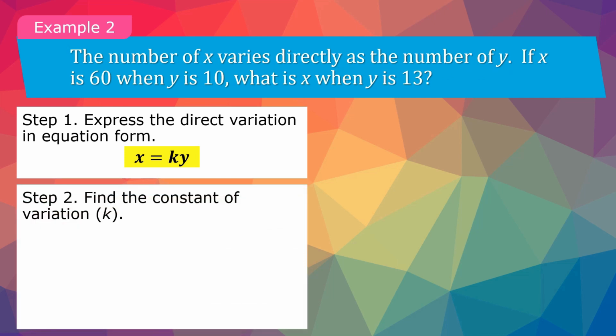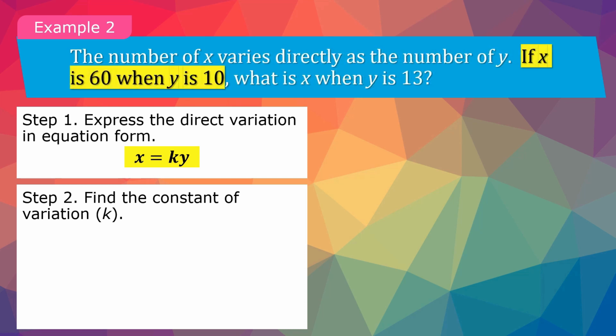Using the derived equation, substitute the given values 60 for x and 10 for y. So the equation will be 60 equals k times 10. To isolate k, simply divide both sides of the equation by 10. And so the value of k will be 6, or 6 equals k.